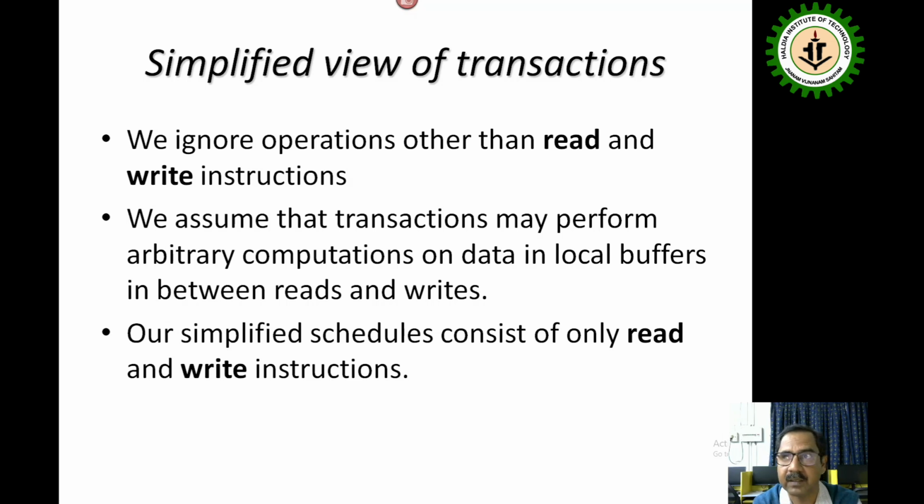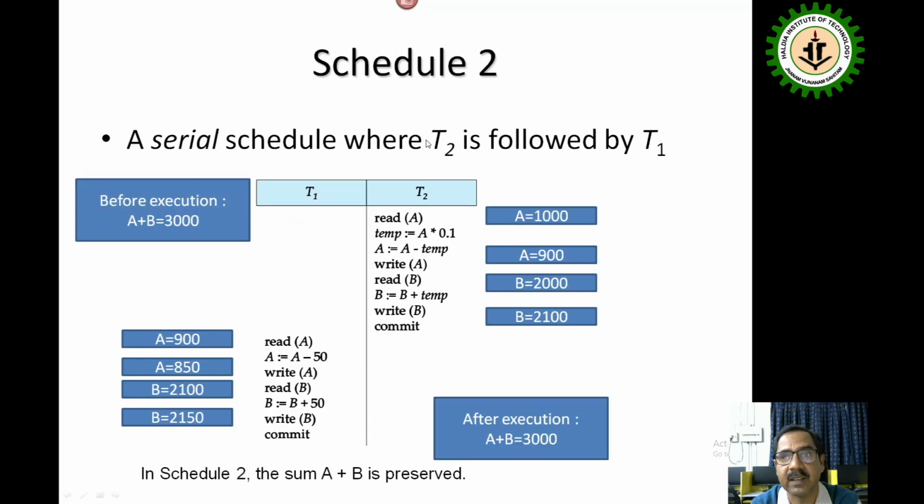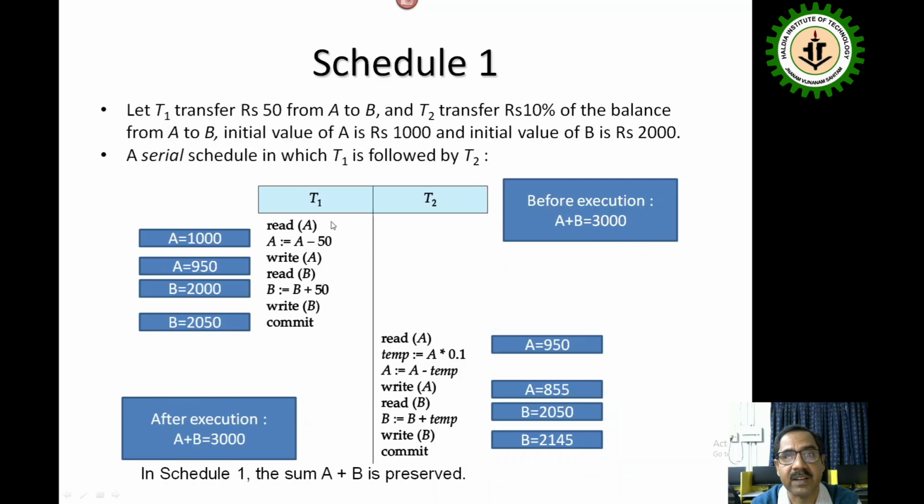we simplify the instructions of the transactions. Which instructions must we write to explain, and which may we ignore, and in which form. See, in this case, if we consider read A, A equals A minus 50, write A, the A equals A minus 50 is a computation step.